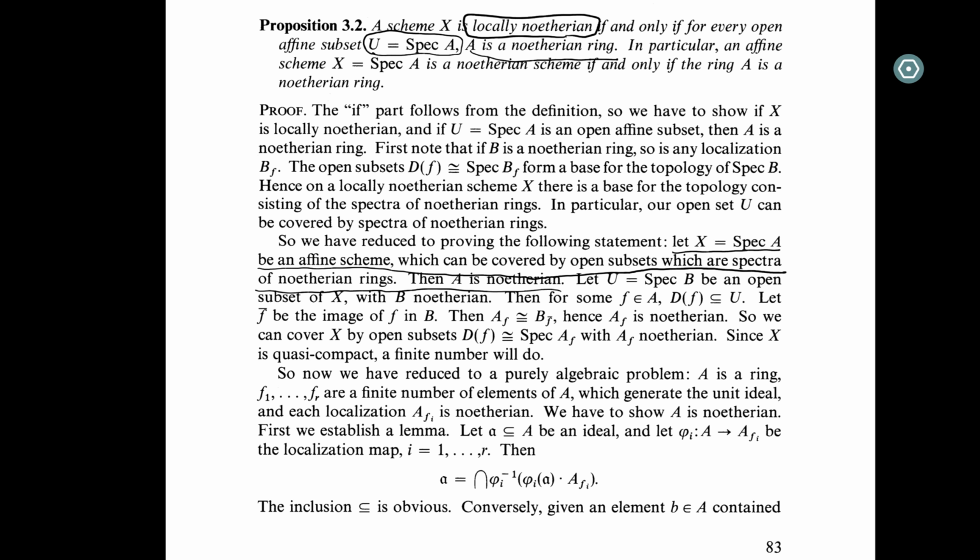And a ringed space is just a pair (X, O_X) consisting of a topological space X and a sheaf of rings on X. The morphisms are given first by a continuous map at the topological space level, and then a map of sheaves of rings. But if you say it's locally ringed, it means the stalk is a local ring for any point P of this topological space.